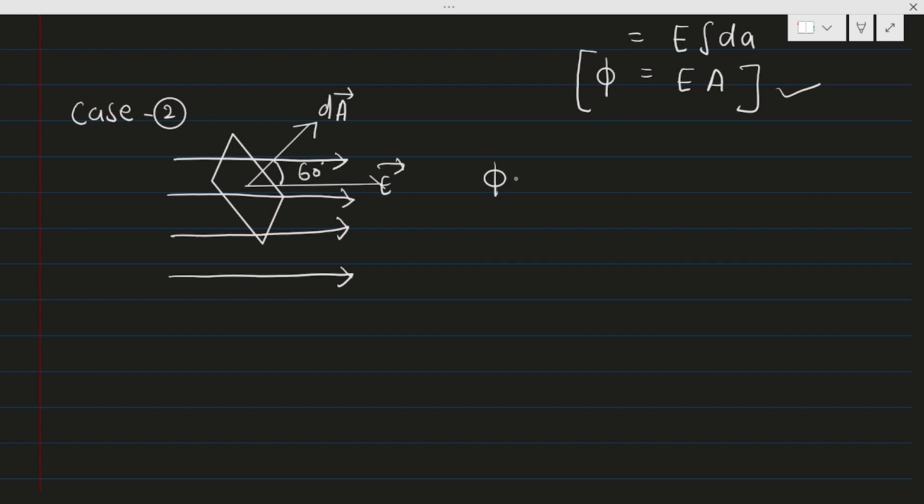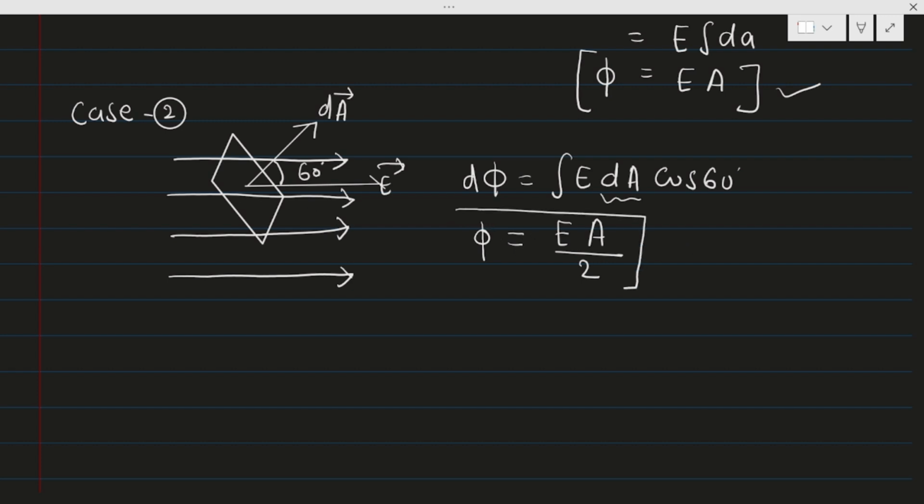So phi is E dA cos 60 degrees. To find the total flux phi, E is outside because it's uniform, the integral of dA is A, and cos 60 is 1 by 2. So in this case, the flux phi is EA by 2.